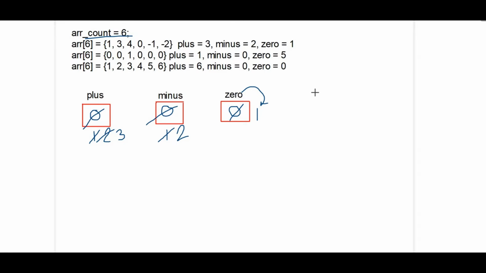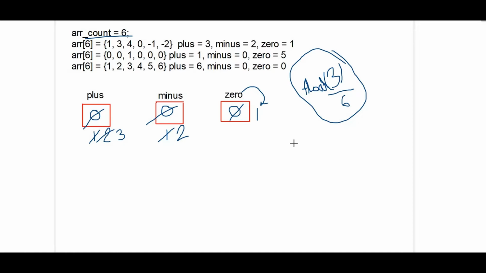Now we will divide each one. First we divide 3 by the array count, that is 6, and we typecast it. We will print the result. The result will be 0.50000.